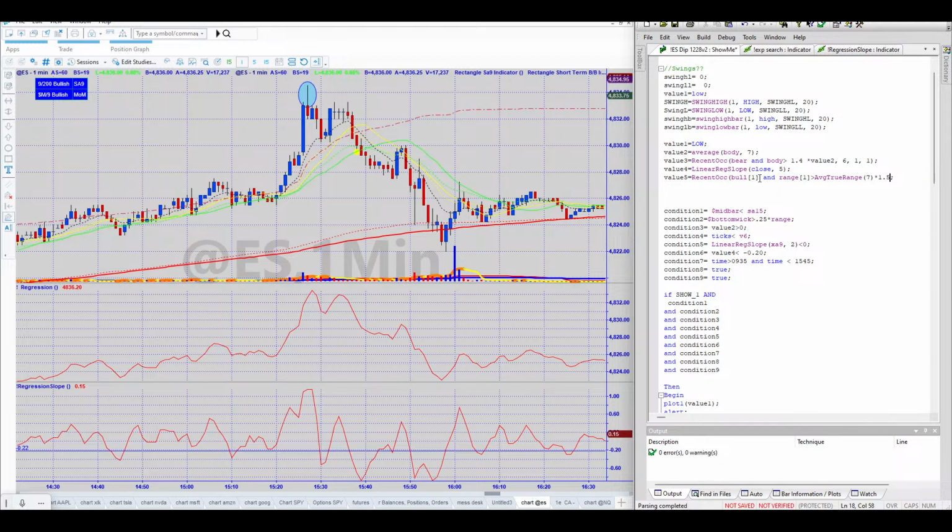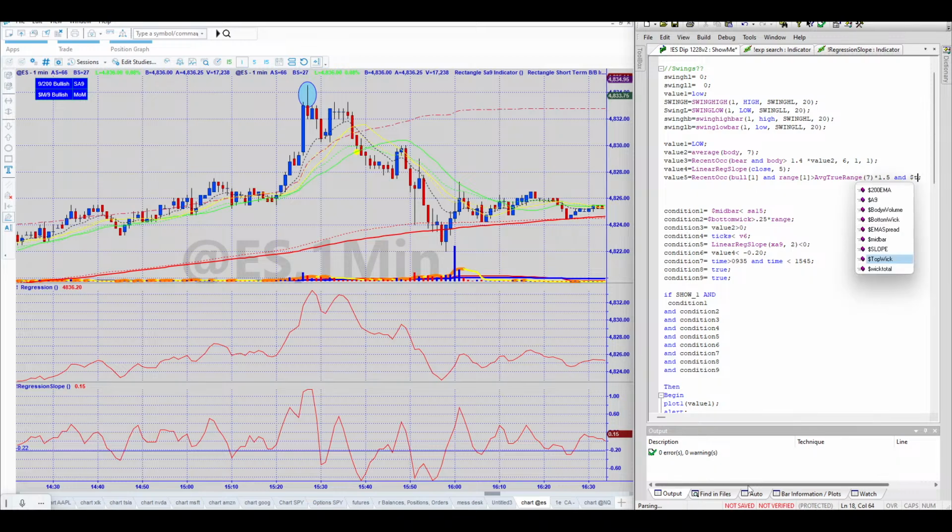The candle before it should not be a bull, and the range of the candle before should not be greater than the average true range of 7 times 1.5. So, 1.5 times larger than the average of the prior 7 candles. And that current candle should not have a wick.